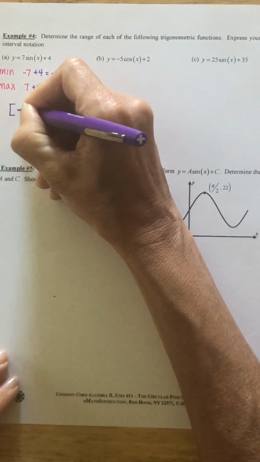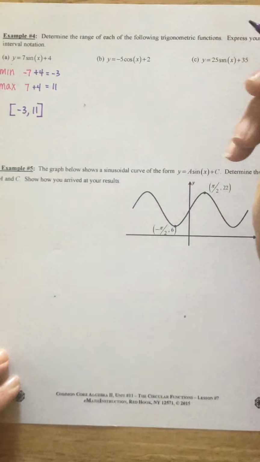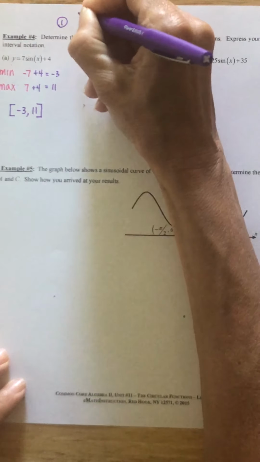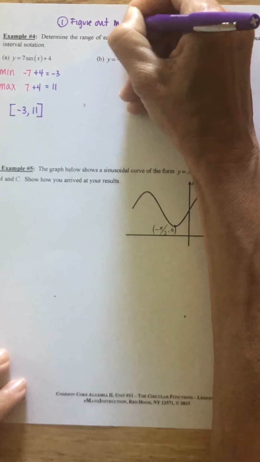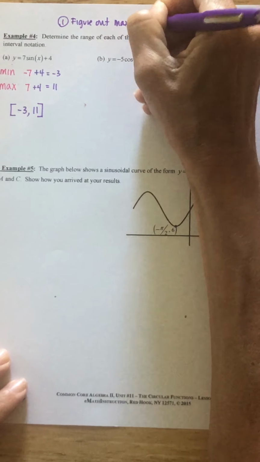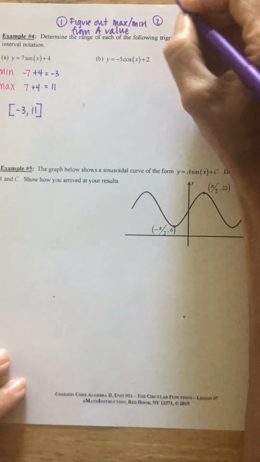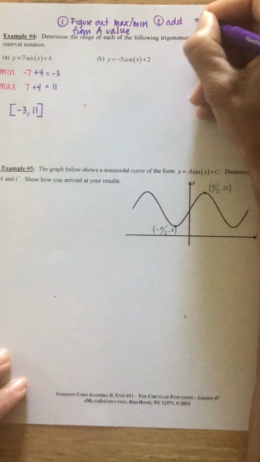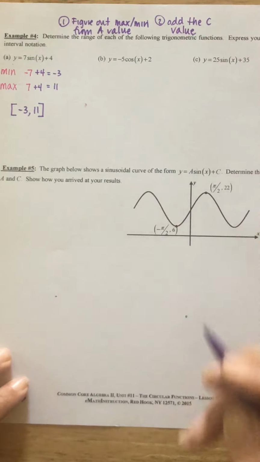So you put the low number, -3, the high number, 11, and a bracket here. So if you want steps, figure out the max and the min from the A value. Add the C value. And that's how you get it.